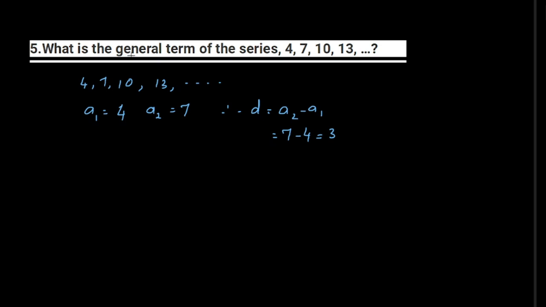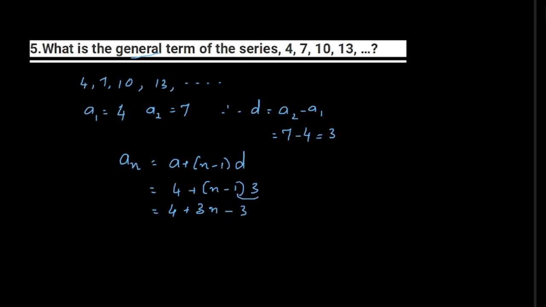Next we have to find the general term, an, the nth term of this AP. The formula for an is a plus (n minus 1) into d. Here a is the same as a1, so 4 plus (n minus 1) into 3.